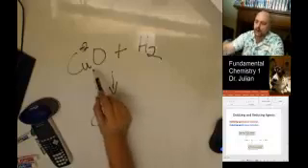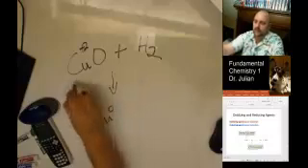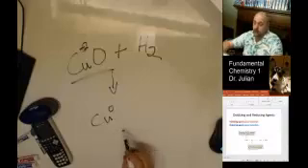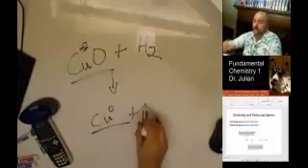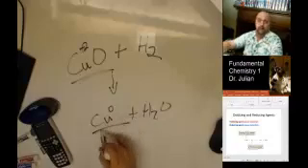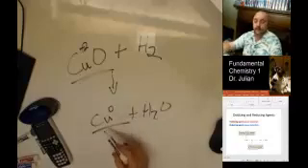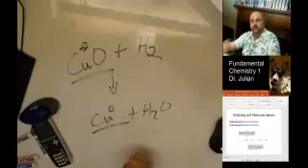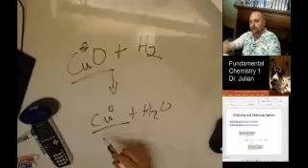Let's look at it a different way. How much oxygen is here? How much oxygen is with my copper? 1. How much oxygen is with it down here when it's by itself? None. And so it lost oxygen. If it lost oxygen, it reduced the amount of oxygen. It was reduced. That's why I want you to know all three definitions.